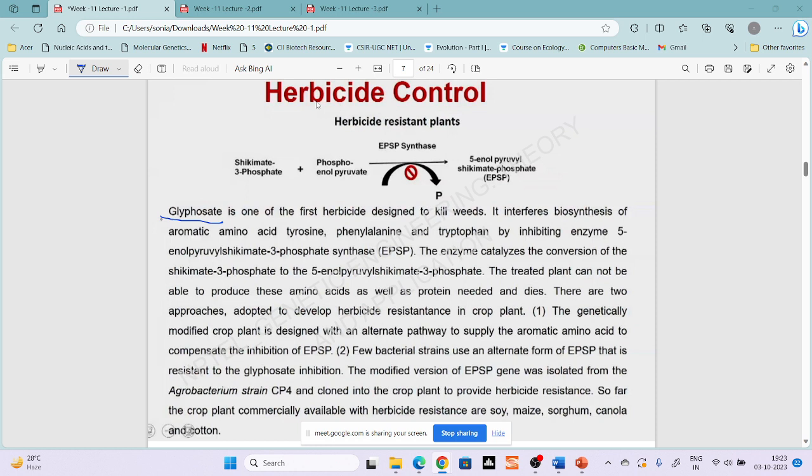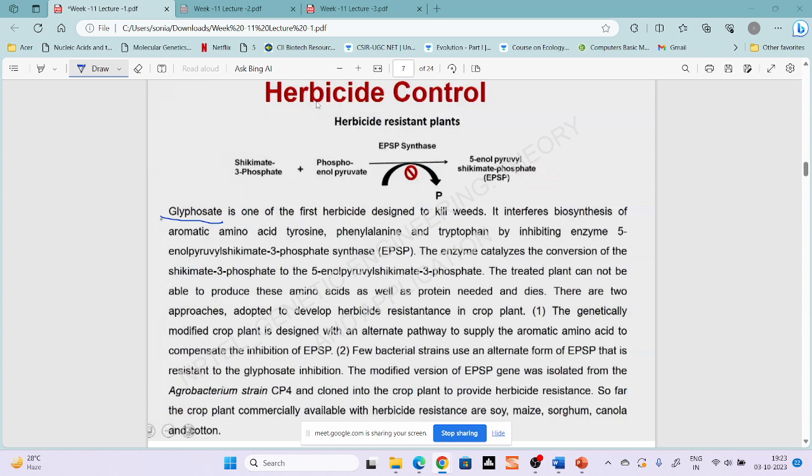So it interferes with the aromatic amino acid biosynthesis pathway. Okay, so the plants which are treated with glyphosate cannot produce these aromatic amino acids, and therefore these plants die.